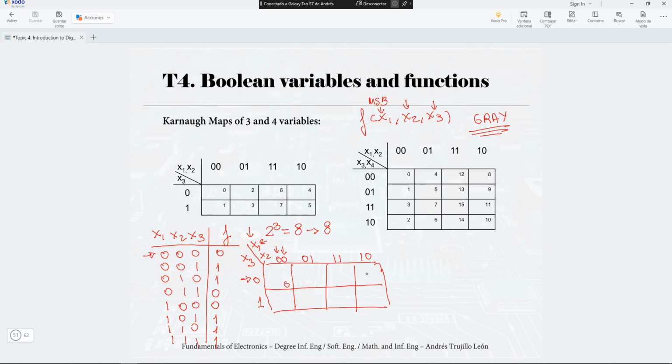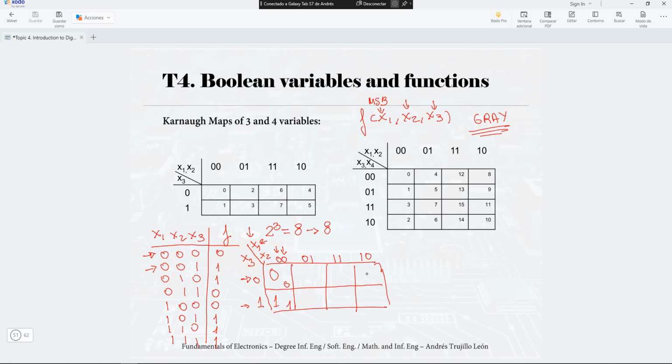So we are here. This is going to be the cell 1. Why? Because x1 is 0, x2 is 0, and x3 is 1. So we are here. So we put inside the cell the value of the output.